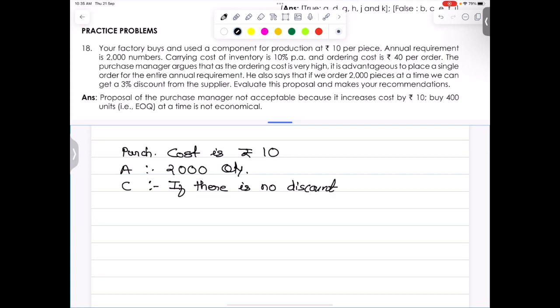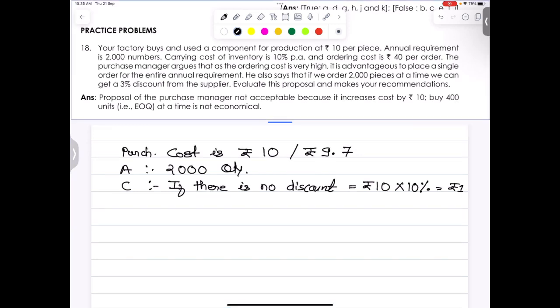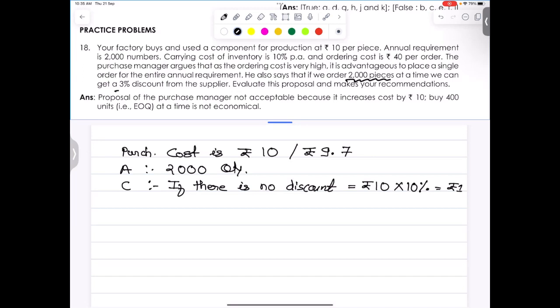So my purchase price will be rupee 10 minus 3%, which is rupee 9.7. If I purchase 2000 units in a single order, I will be able to get a 3% discount.